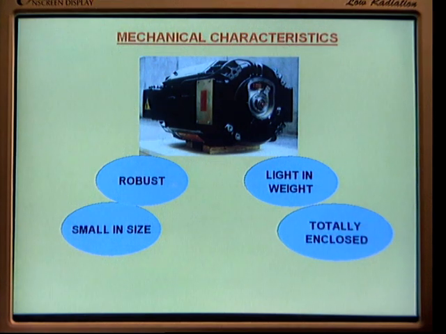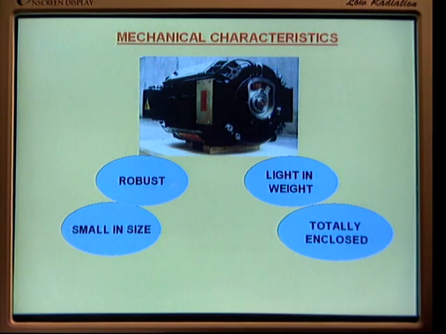The motor should be designed robust. It can withstand any mechanical vibrations, because the train is moving from one place to another at different speeds. There may be a possibility of vibrations. Even then the motor should be very robust.